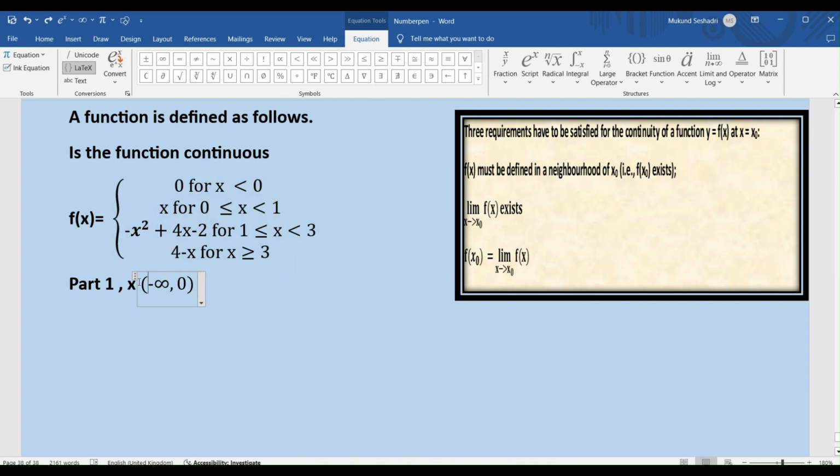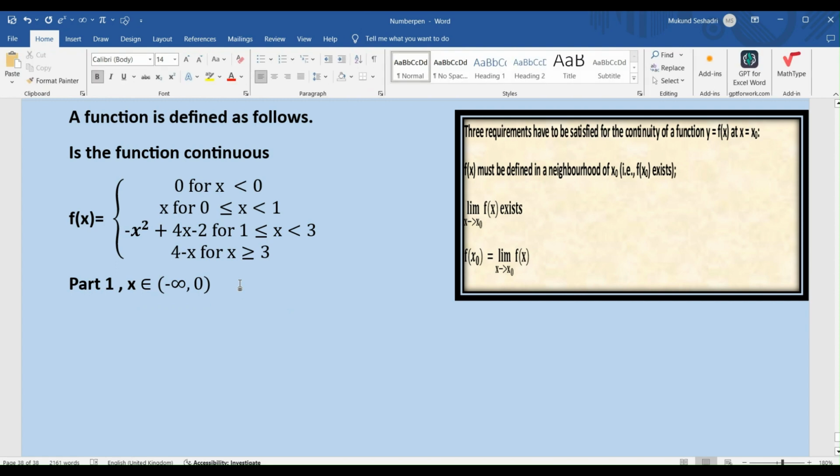So I'm going to call this x belonging to minus infinity to 0. And what is my f of x? f of x is 0, right? I know that is continuous, so I will not go into the detail.